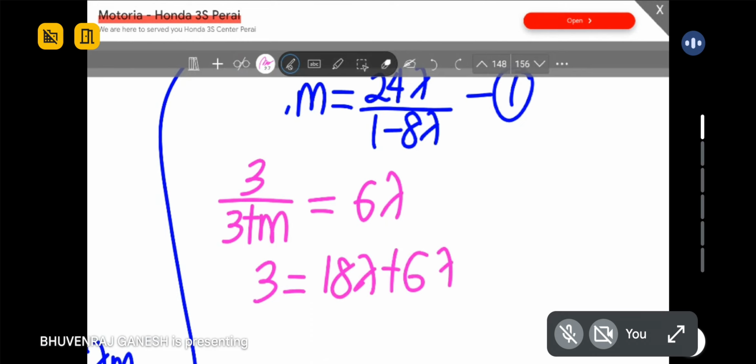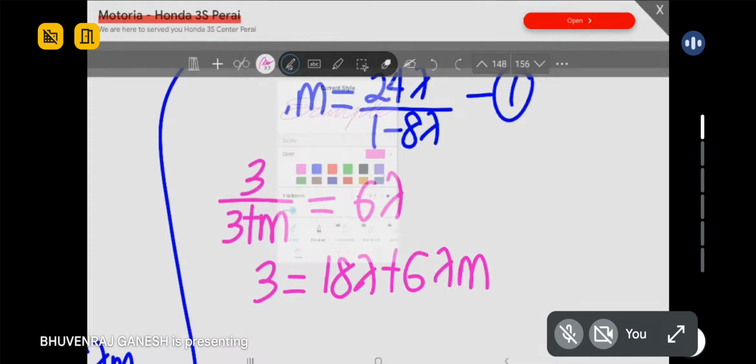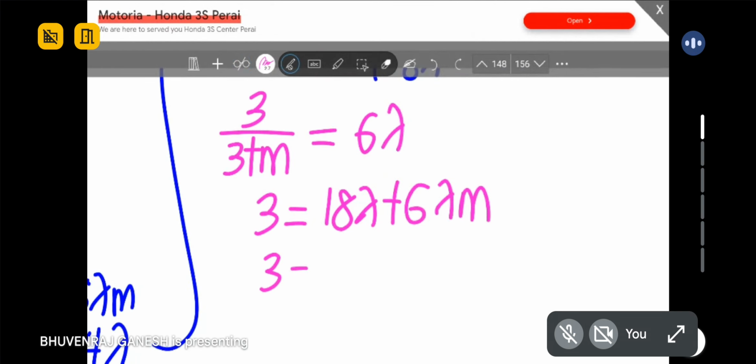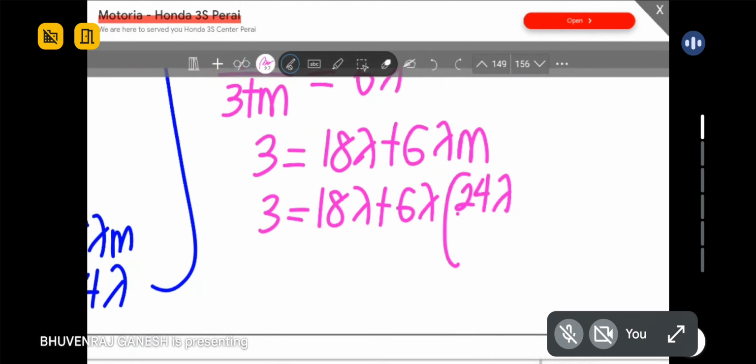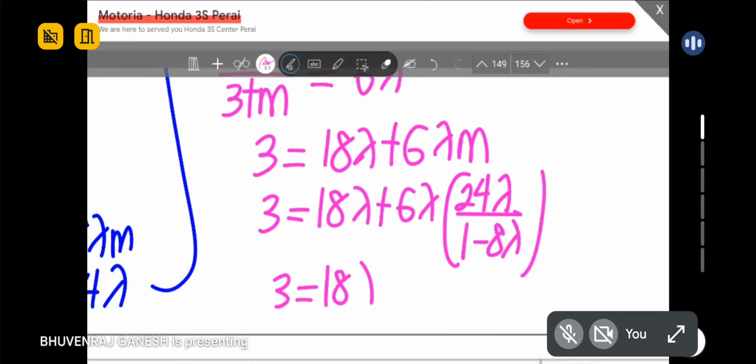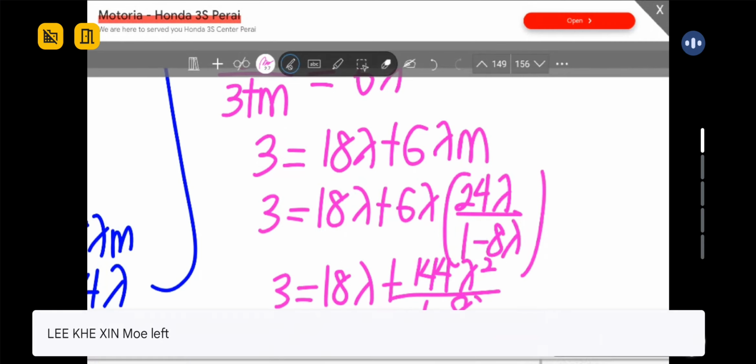Plus 6 lambda m. So now you guys can substitute. So it's 3 equal to 18 lambda plus 6 lambda m. m you substitute with 24 lambda over 1 minus 8 lambda. Something like this. So what will you guys get? 3 is equal to 18 lambda plus, this one you guys must simplify lah, 144 lambda squared over 1 minus 8 lambda.